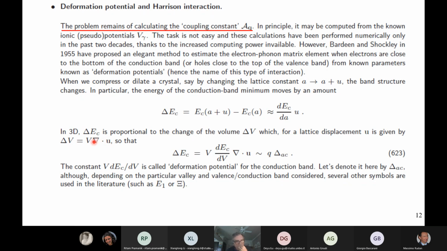So it will be proportional to the volume. The change of the volume in a unit cell will be the volume multiplied by the divergence of the displacement field. If we assume that this is a plane wave, it will have a behavior e to the iQR. Therefore, this is proportional to Q. And indeed, we recover what we saw before.